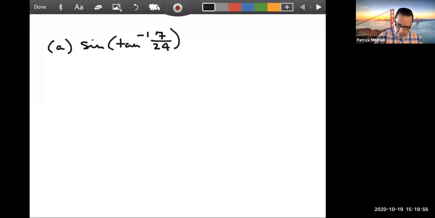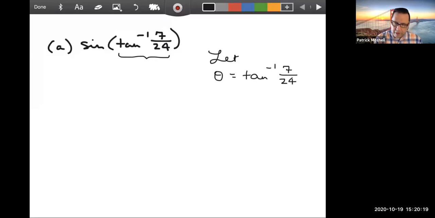So I'm going to give it an angle sounding name like theta. Let theta be the inverse tangent of 7/24, because that is an angle whose tangent is 7/24. So if theta is the inverse tangent of 7/24, that means the tangent of theta is 7/24.